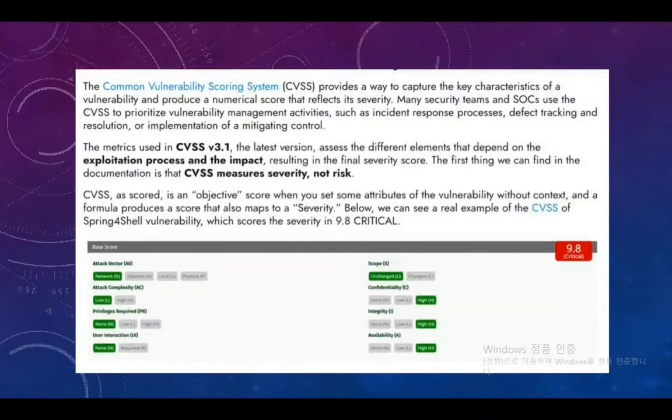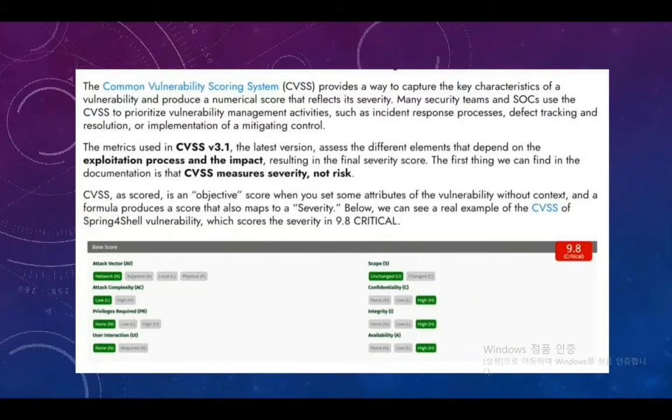The Common Vulnerability Scoring System provides a way to capture the key characteristics of a vulnerability and produce numerical scores that reflect its severity.